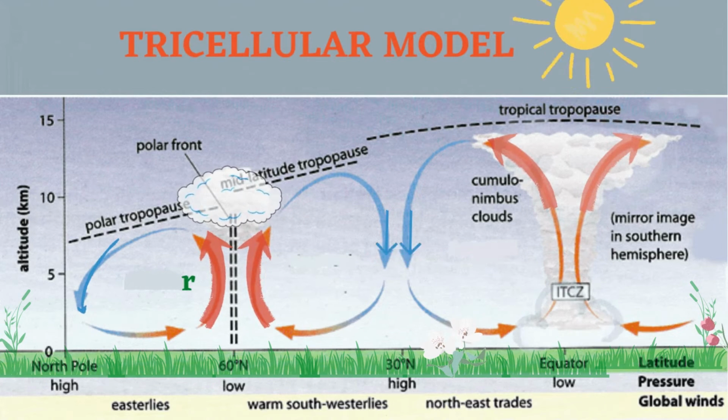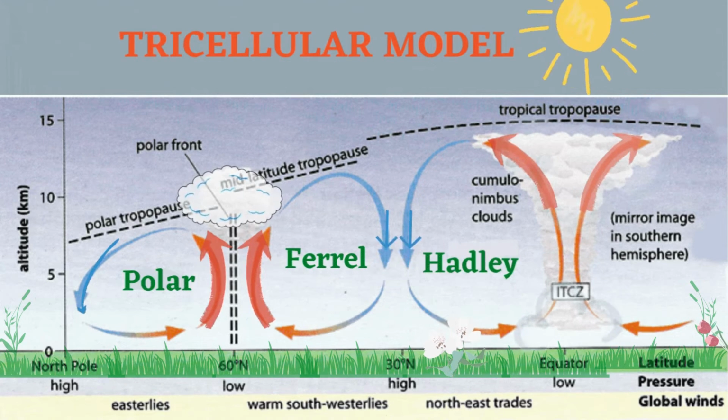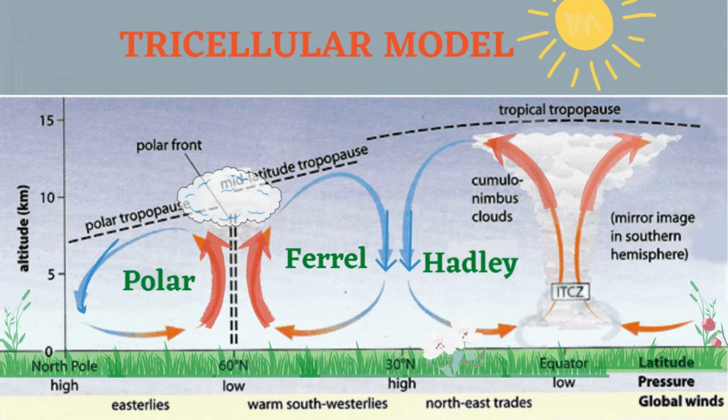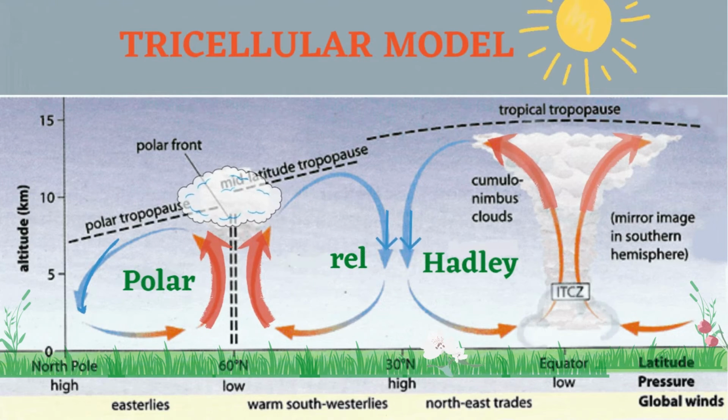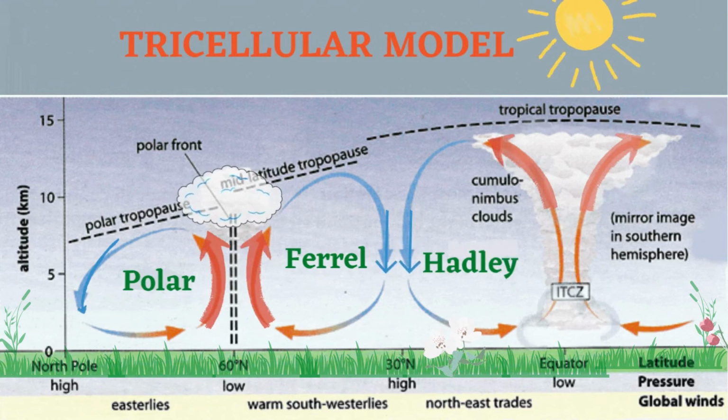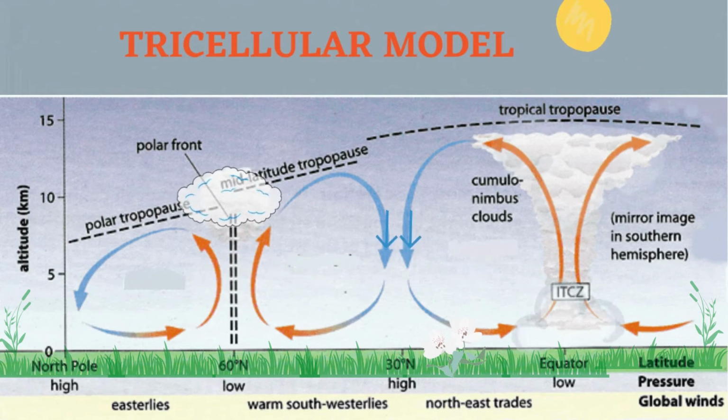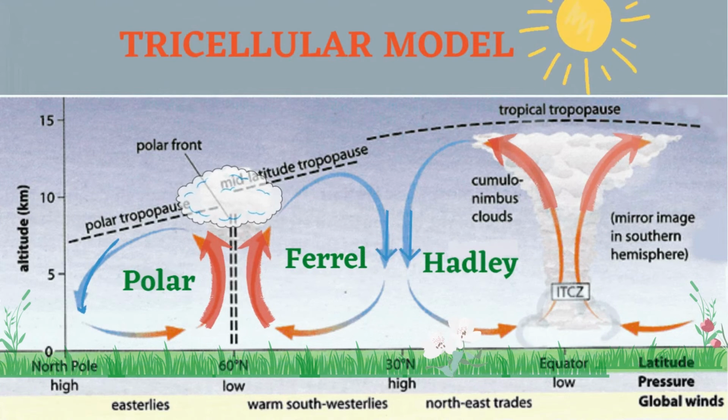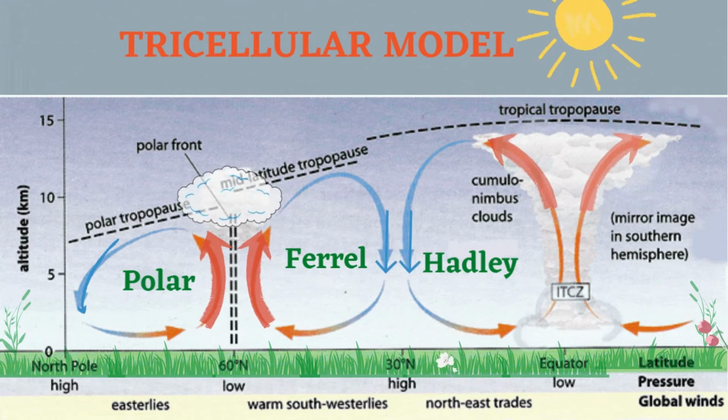At the subpolar low, warm air from the subtropics meets with cold air from the poles, and this forms a front. This front is responsible for the development of mid latitude depressions in this location.